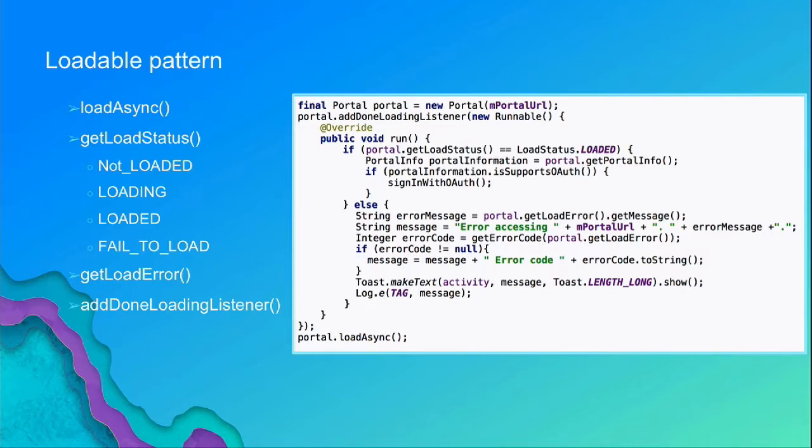Once the portal object finishes loading, the done loading listener will be invoked, and you can call get load status to know the current state of your portal object, whether it is loaded, or it failed to load. If it failed to load, you can call get load error to get the error message, and then add your business logic accordingly here.